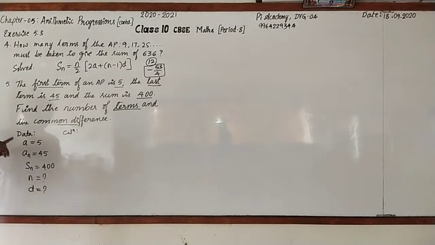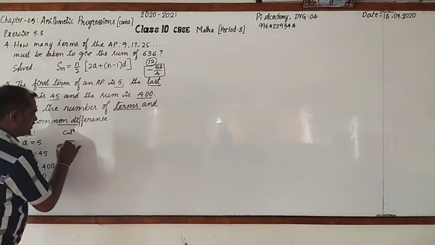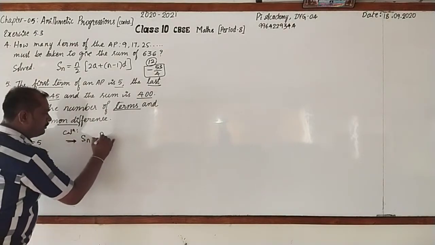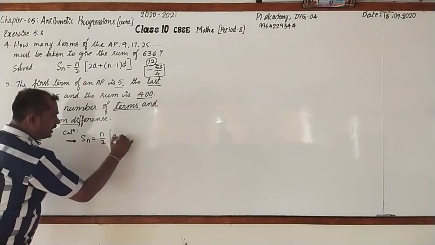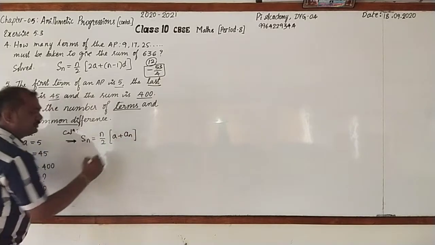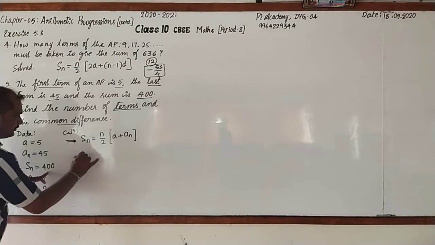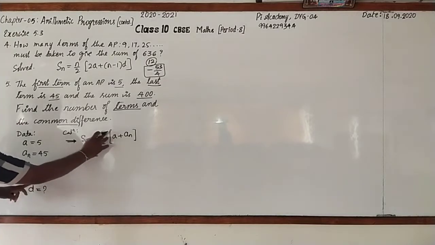Look here. Here the terms a, an, Sn and n. There is a relationship among these 4. Is it not? Could you recall that? Yes. This is Sn is equal to n by 2 into a plus an. Right? Where Sn is 400. n is unknown.